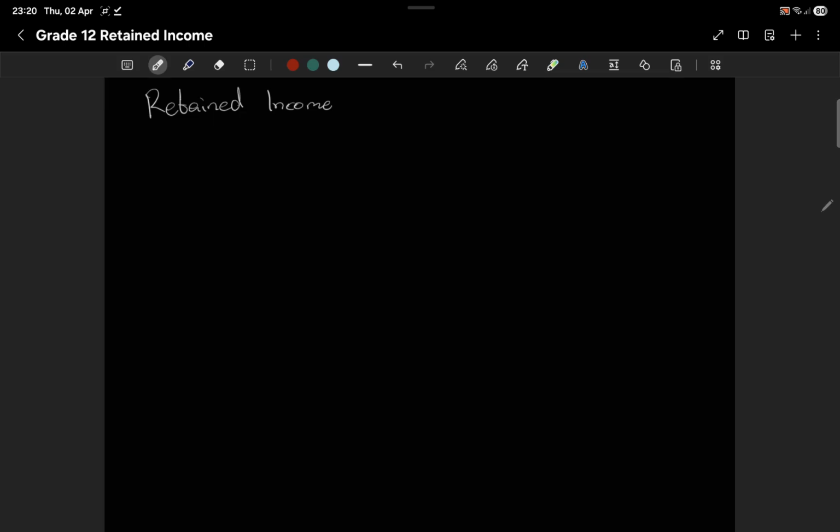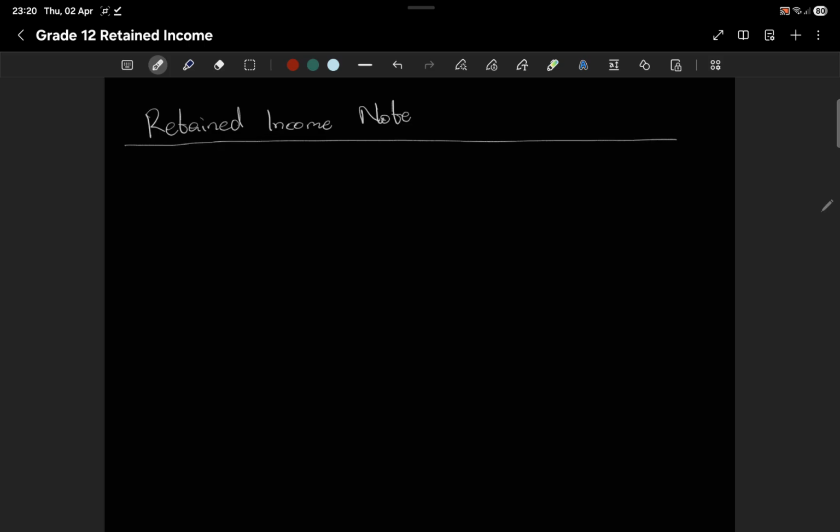For those who don't know, the retained income note is note number 8 on the balance sheet. As I said, you need to know the structure of it.